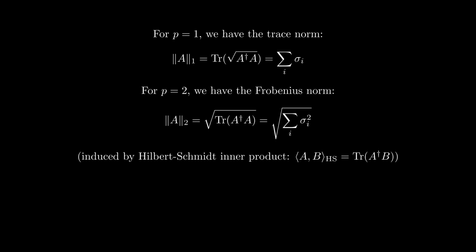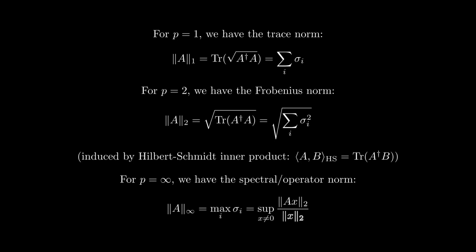Just like the L2 norm, the Frobenius norm is also induced by an inner product, that being the Hilbert-Schmidt inner product, which is defined as follows. Choosing p equals infinity gives us the spectral norm, also called just the operator norm, as we saw in the previous lecture. This is simply the largest singular value, or largest eigenvalue in the case of a Hermitian operator, in absolute value, of course.